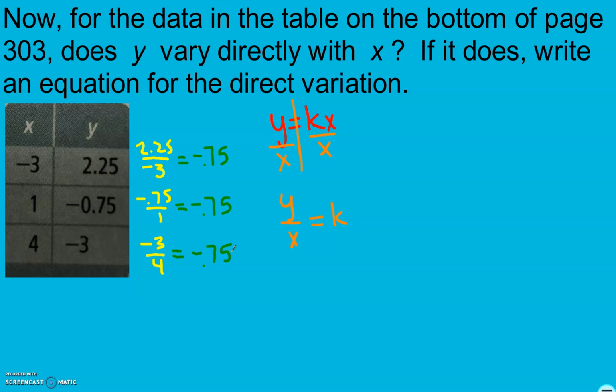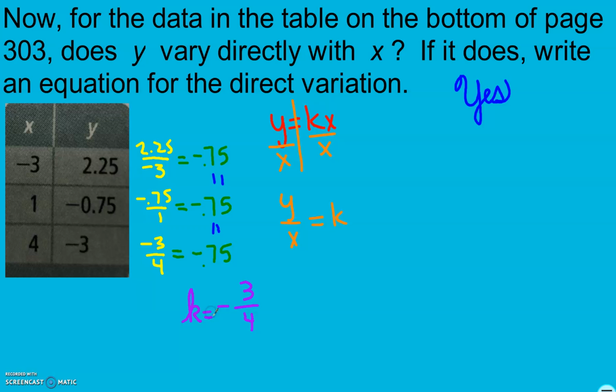But we can write those back as fractions, which is what I'm going to do here, because these are equal, which means, does y vary directly with x? Yes. If it does, write the equation for the direct variation. Well, 0.75 is the same as 3/4, and it's negative.